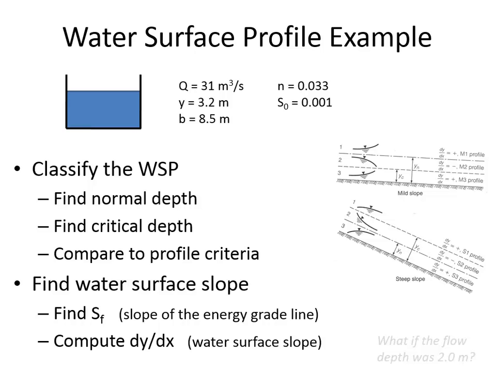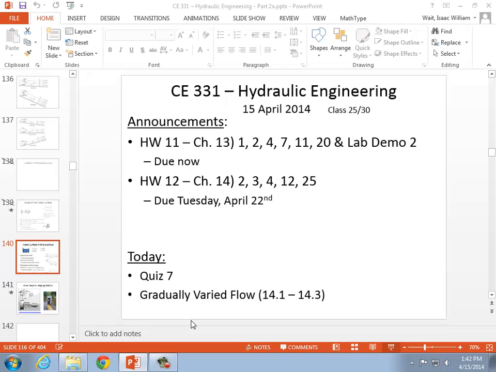And remember from previous lectures that what we know about the Froude number squared is it's q squared times T, the top width, over g times A cubed. And then you can find the slope of the energy grade line by solving Manning's equation, n times q divided by A, hydraulic radius to the 2/3, and that is squared. All right, so I will turn you loose on that one.